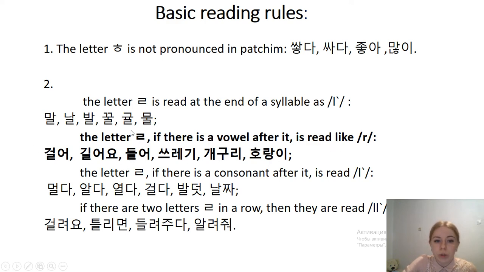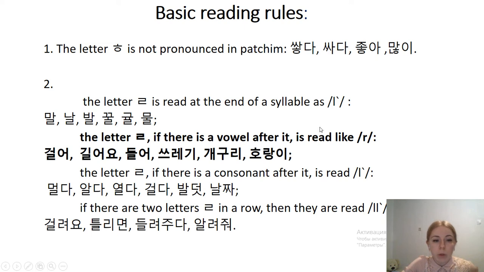We read this consonant R, L, like R in that case, if there is a vowel or diphthong sound after R, L. In all 3 other cases, if there is a consonant, if there are 2 L in a row, or if this is the end of the syllable, in all these cases, we read it like L. Here it's L. Here it's also L. And here we have double L.